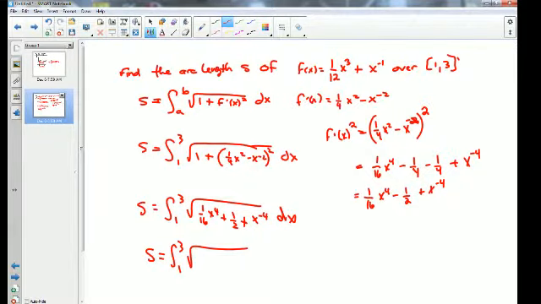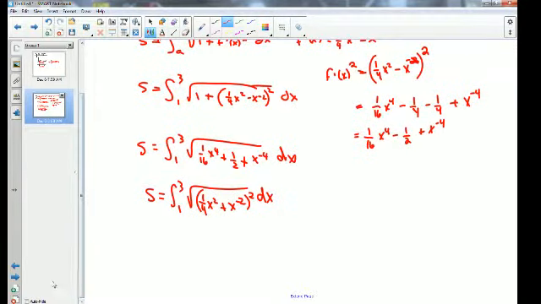Yes is the answer. 1/4 x squared plus x to the negative 2, squared. Okay. Probably the most difficult thing to see in a lot of these problems is how to eliminate the root if it's doable by hand.